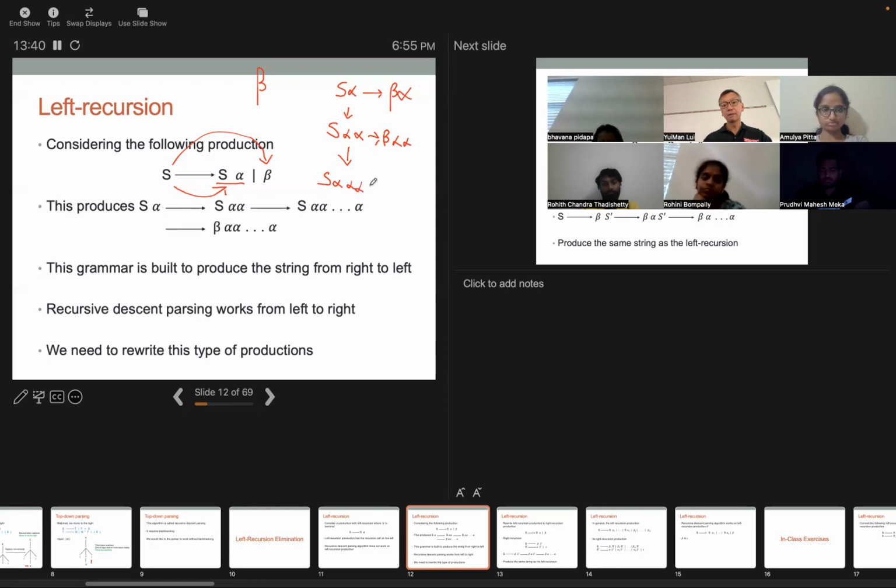So this is the language: beta followed by any number of alpha, right? Alpha could be 0, or many alpha. Is that clear?